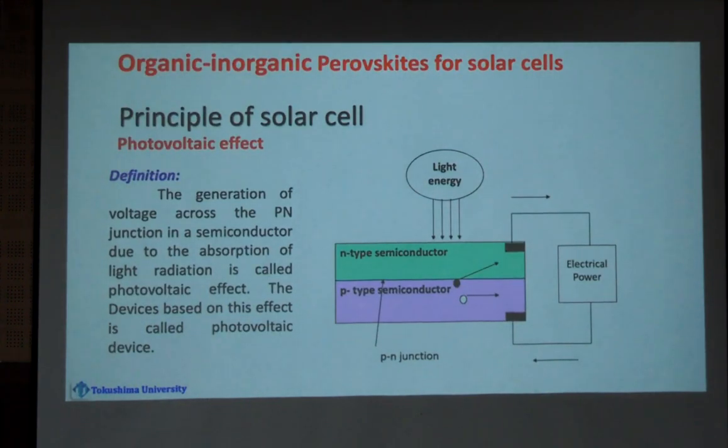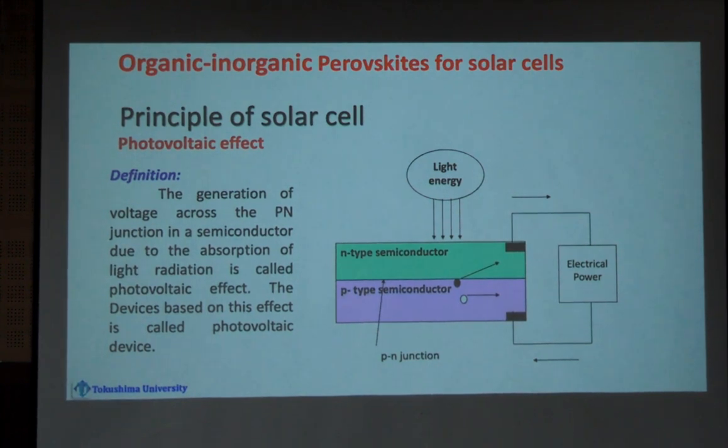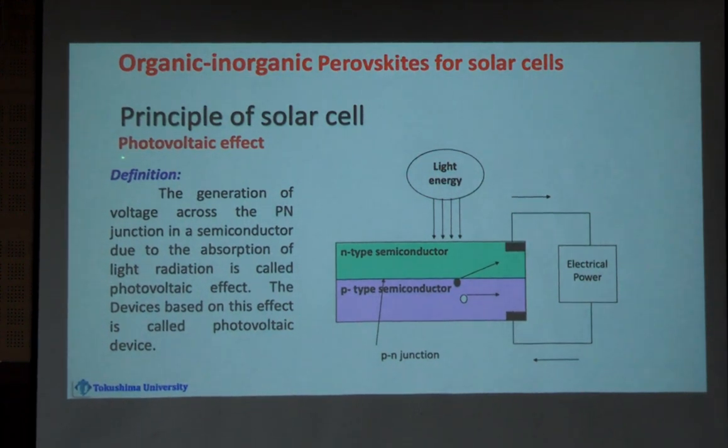Now, applications of optoelectronics. I told you I will talk about LED, I will talk about solar cell, and I will talk about photodiode, photodetector. Solar cell is one of the things we need for certain kinds of progress in the search for power.